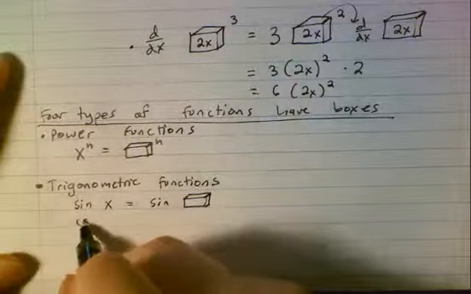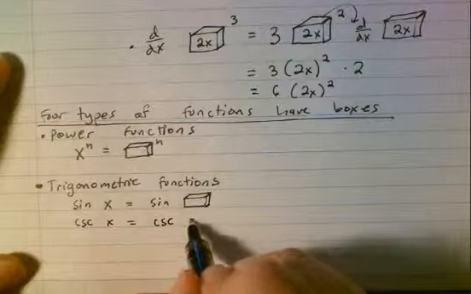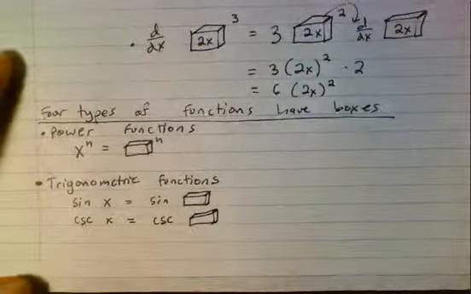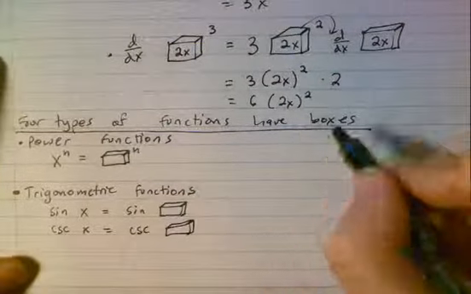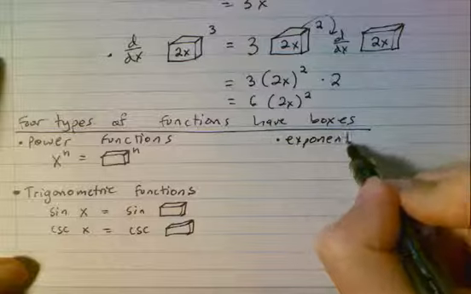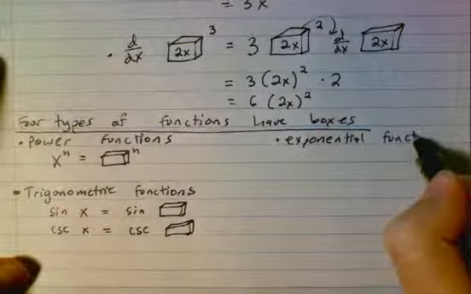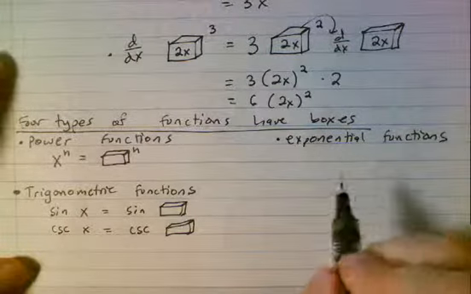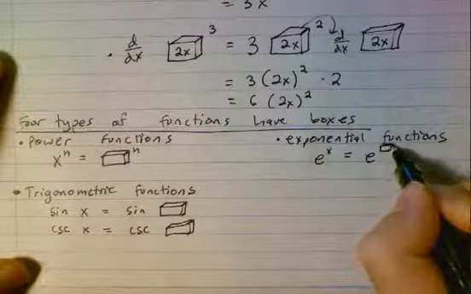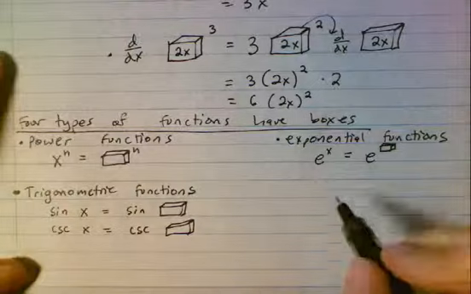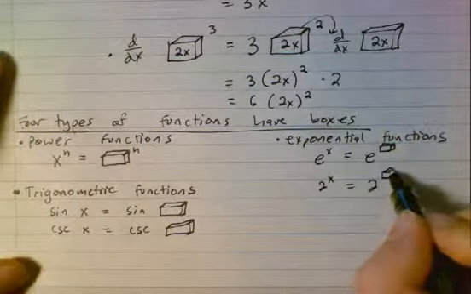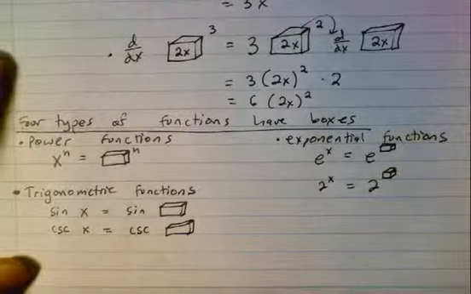Or if we had something like cosecant of x, that'd be cosecant of something in a box. We've also got exponential functions. So e to the x is really e to the box, or 2 to the x is really 2 to the box.